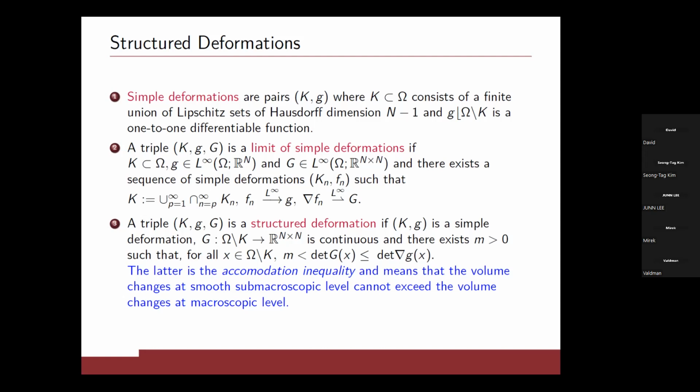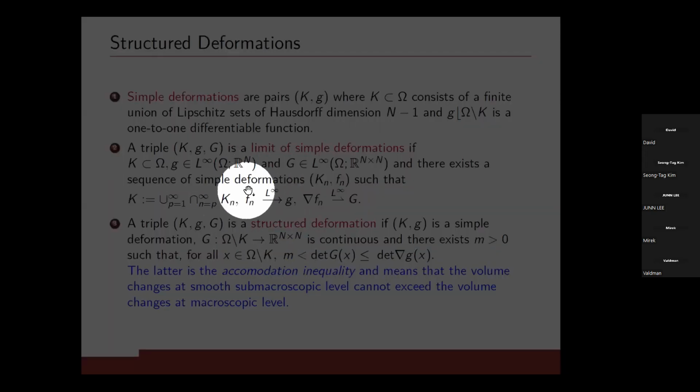Namely, your set K is the set-theoretical limit of some sets Kn living at the micro level, and the couple little g and capital G is achieved in this way.